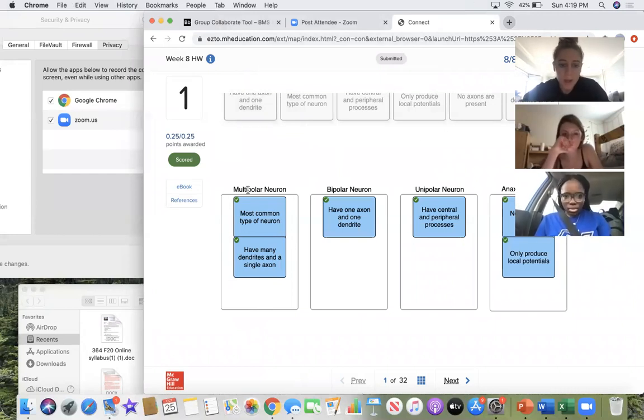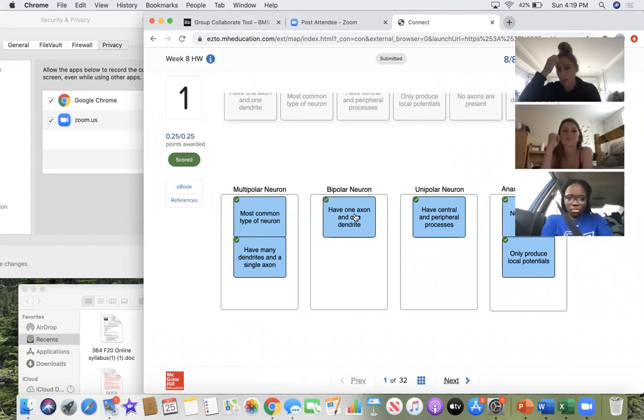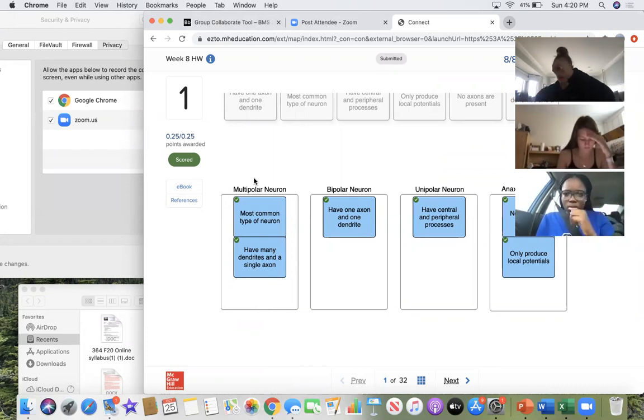So multipolar is the most common, which we said, right? That's the one that looks most like a normal neuron. It has dendrites and a single axon. Then bipolar has one axon and one dendrite, because the cell body is going to have one axon coming off of it and one dendrite coming off of it.